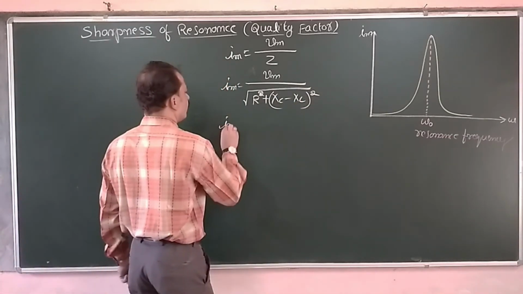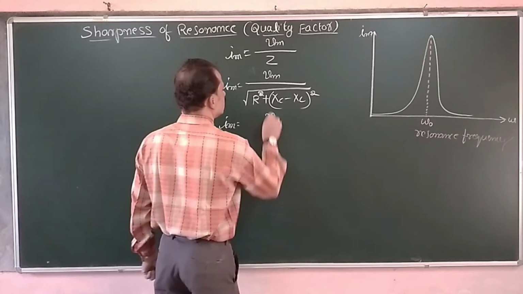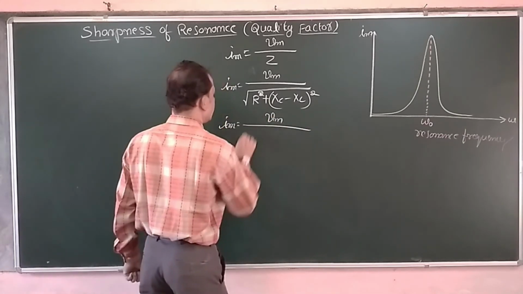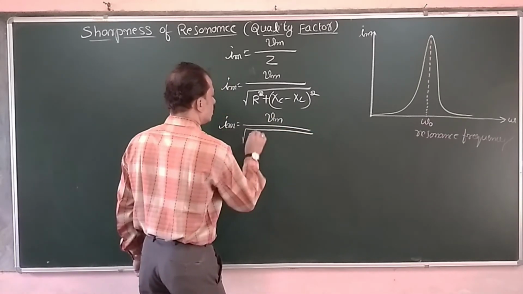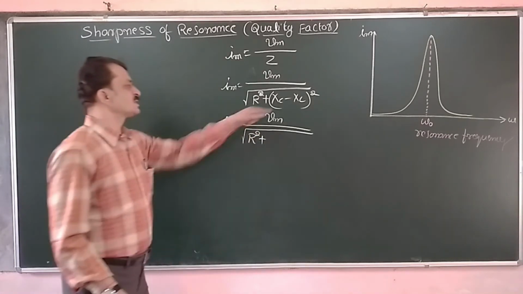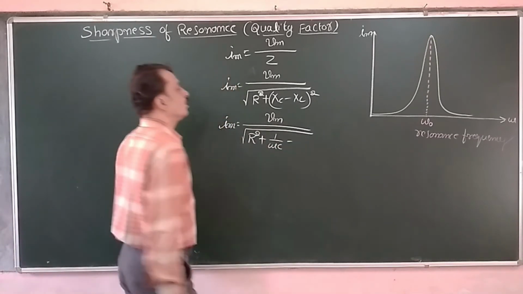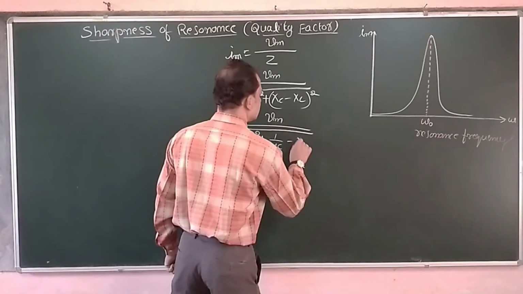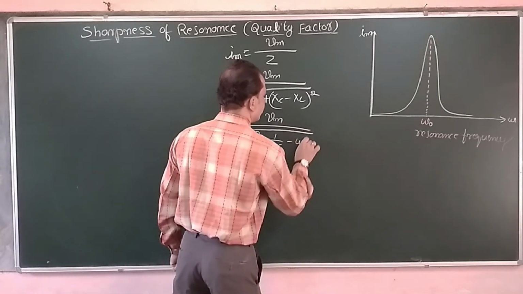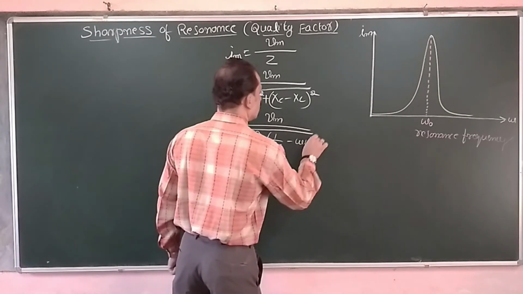Or we can have Im is equal to Vm divided by square root of R square plus, Xc being 1 upon omega C, minus XL, being omega L, whole square.